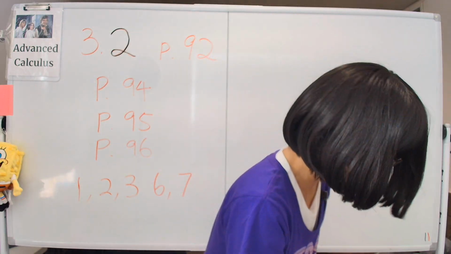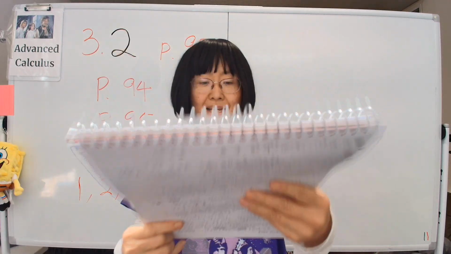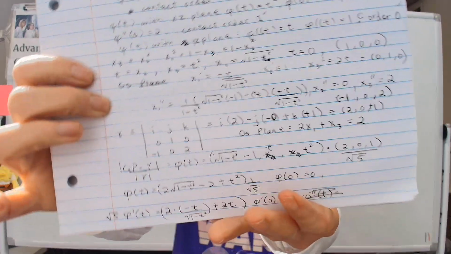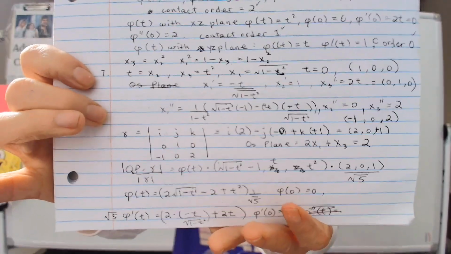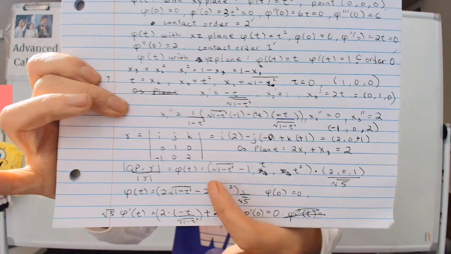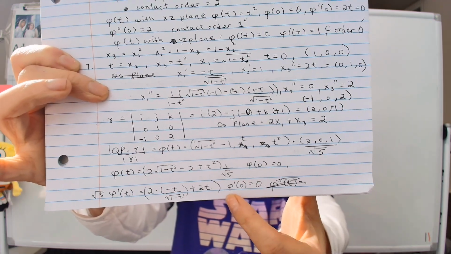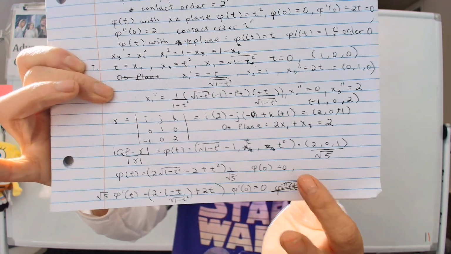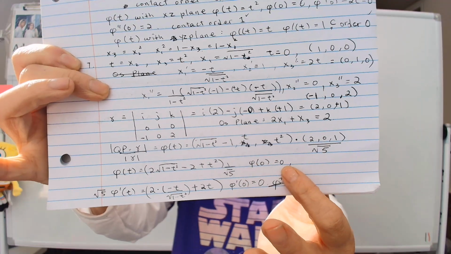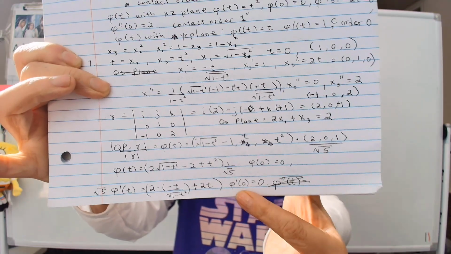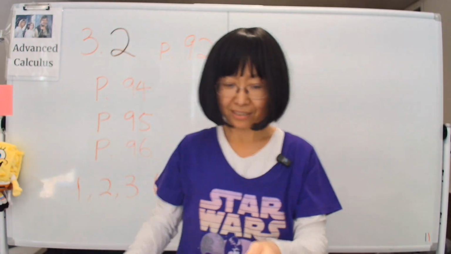Either way, we got gamma to come out, which then we use to calculate the formula for phi, which means something like this, and then it is 0, and the first derivative is 0, that's good, okay?